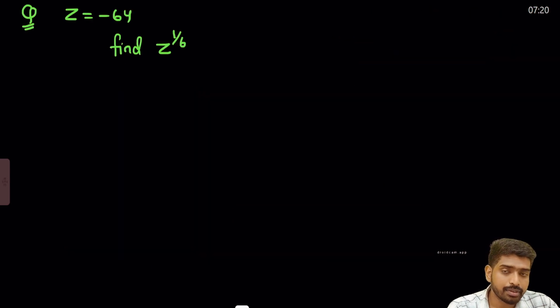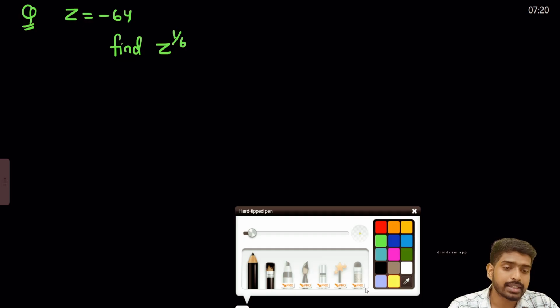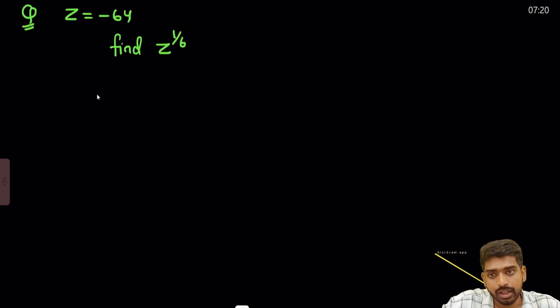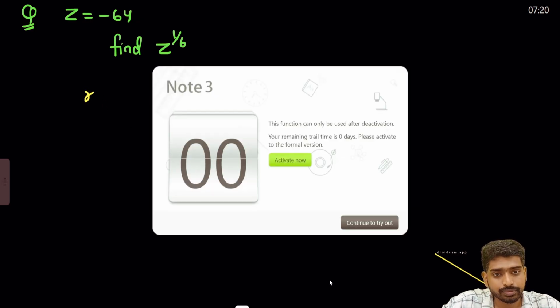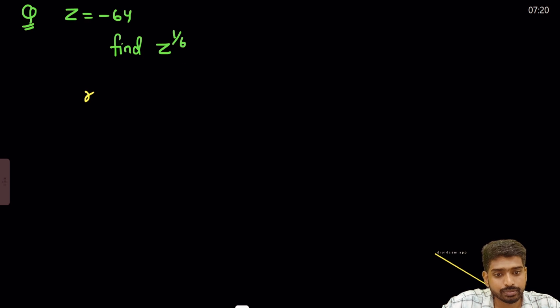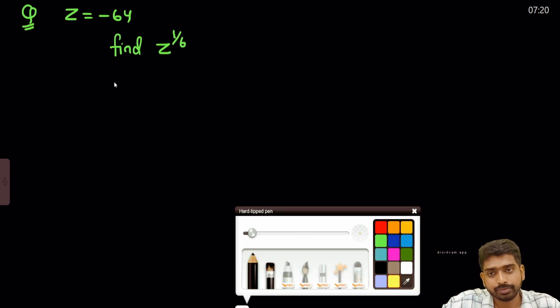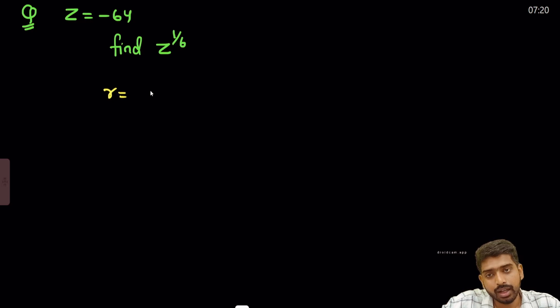And next, one more question we'll solve. See, the Z value they give is minus 64, and they're asking for Z to the power 1 by 6. So tell me, for Z to the power 1 by 6, how many solutions should I get? I'll get a total of 6 solutions, 6 answers for this. So we'll follow the steps. First, I will write this in Euler's form. The R value, the magnitude of this complex number, is the modulus of Z, which will come to 64, right?